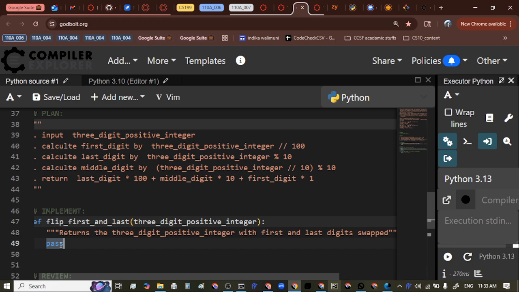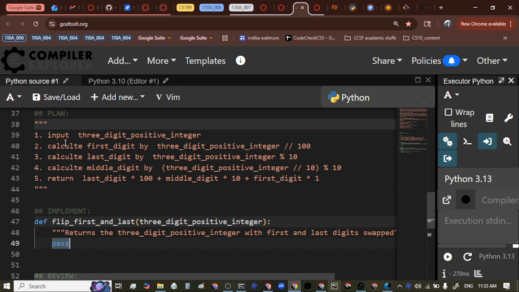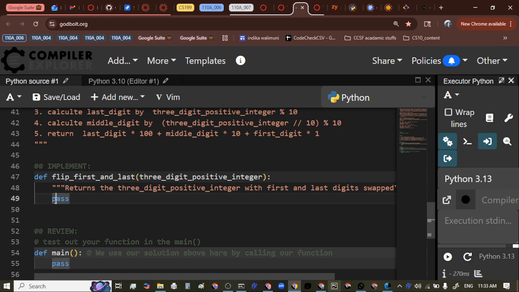So let's translate number 2, calculate first digit by doing that. You can see that my plan step is really expressive. I can even copy paste this whole thing and change to code really easily. Just this basically equal, that's it. See how it really makes sense and is easy now?